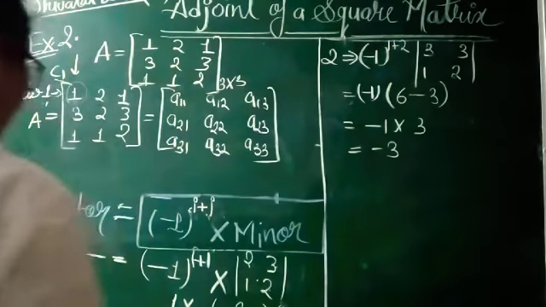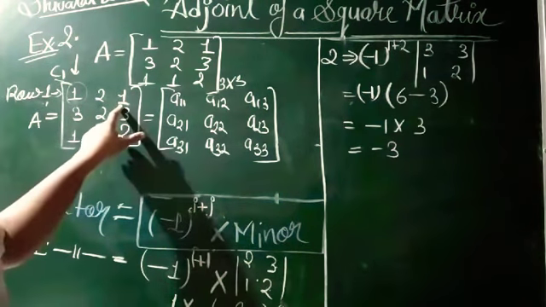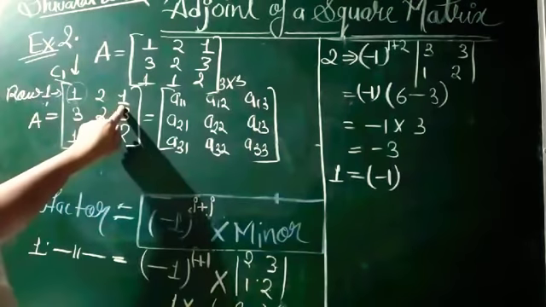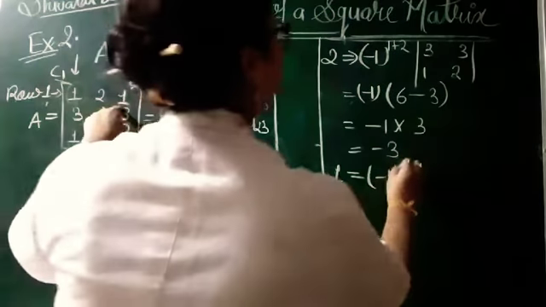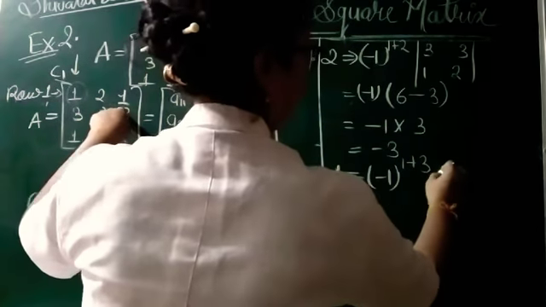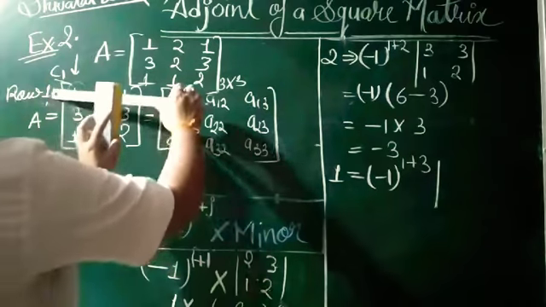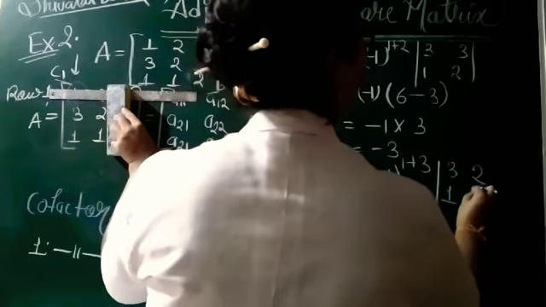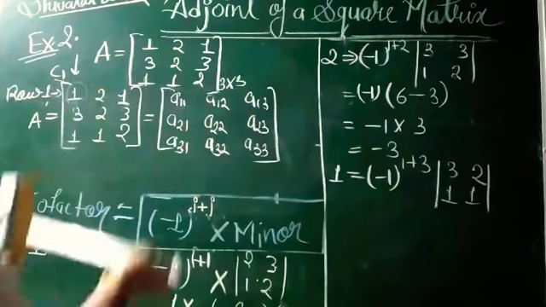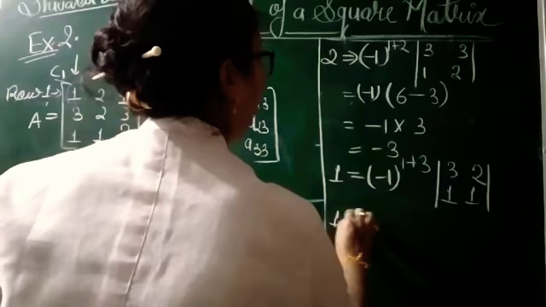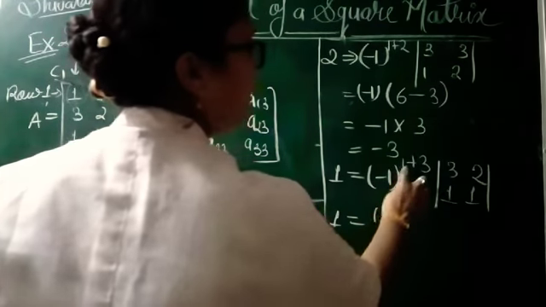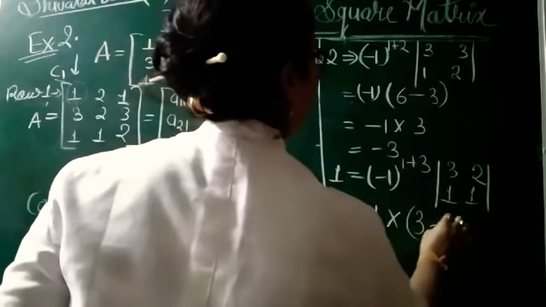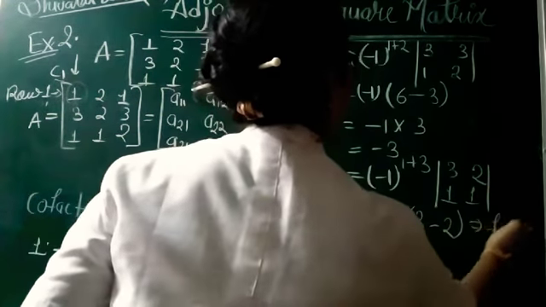It will become minus 3. Okay. Now next element, cofactor of 1. Minus 1 to the power 1 plus 3. That means positive 1, and here only remains matrix 3 2, 1 1. Then we get positive 1. 1 multiply 3 ones are 3 and 2 ones are 2. So it is also 1.